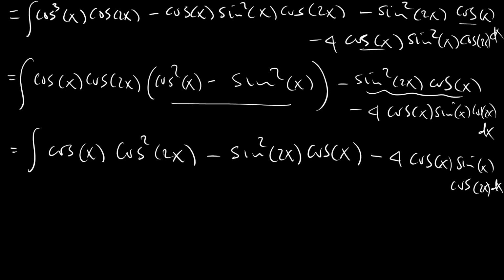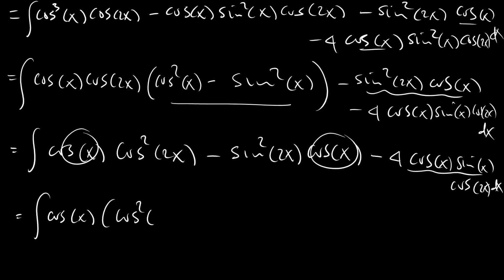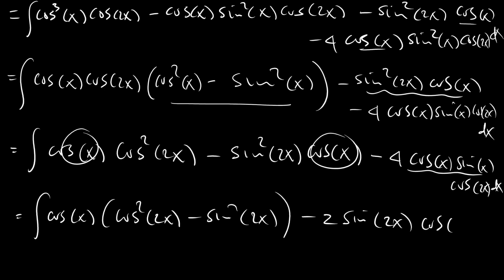Okay, this is our next target, but also we can pull this out so that we have cosine of x times cosine squared 2x minus sine squared 2x minus 2 sine 2x cosine 2x. And I think we are missing one thing here.